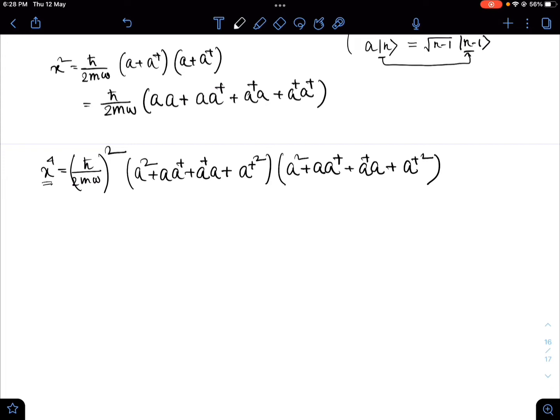First notice that all the terms that contain only a or only a dagger, and also the terms that don't have the same powers of a and a dagger.